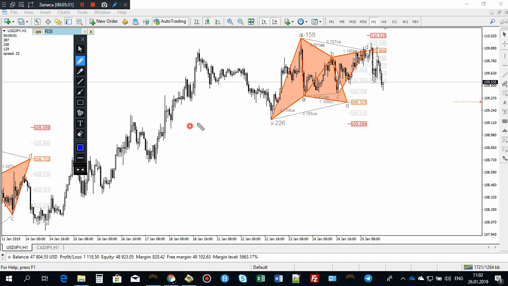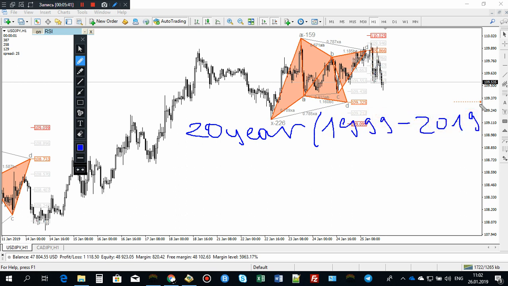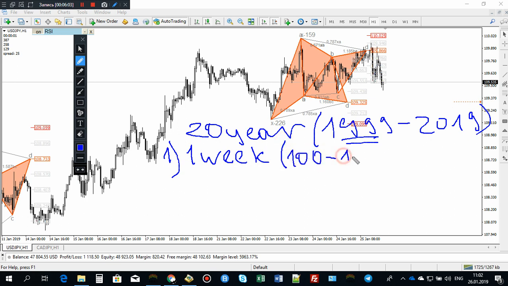On average, if you backtest a 20-year period, I'm using from 1999 to 2019. Unfortunately, I cannot go lower than 1999. My broker's first data is this. Based on my experience, it typically takes me 1 week to do the backtest of this period, and on average I find 100 to 150 patterns.